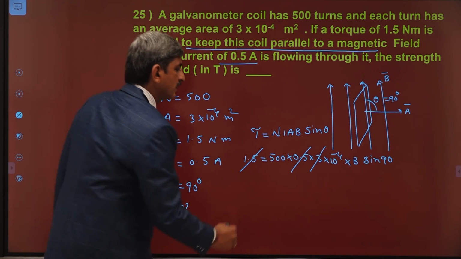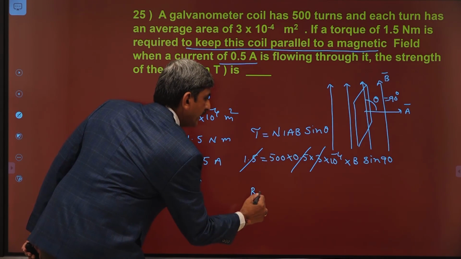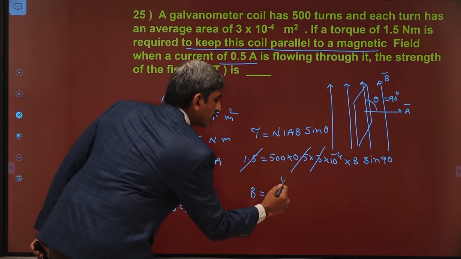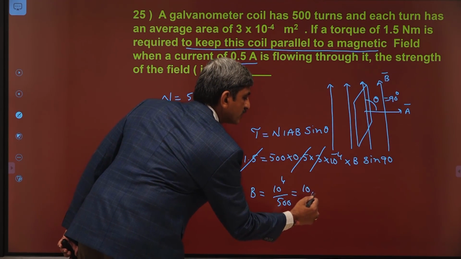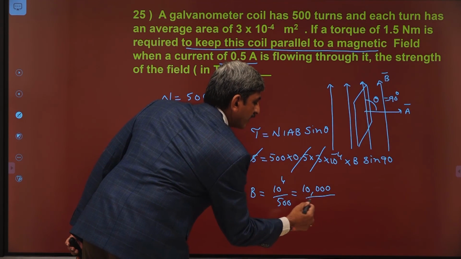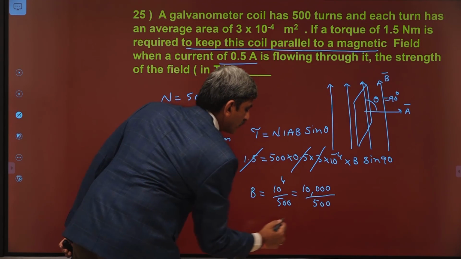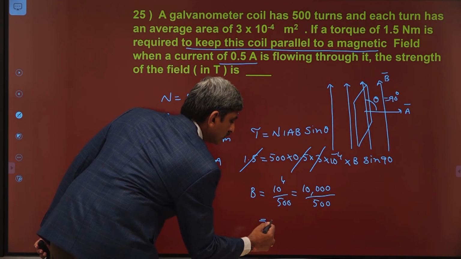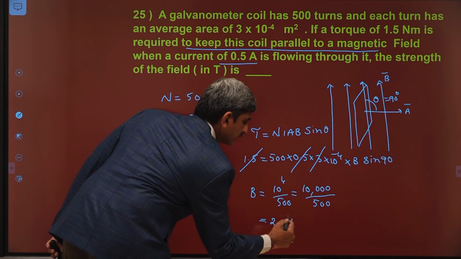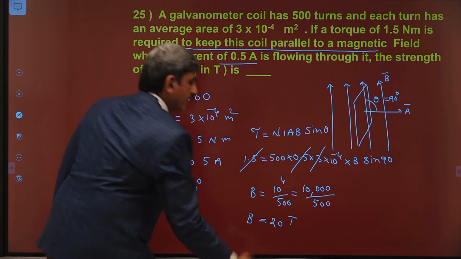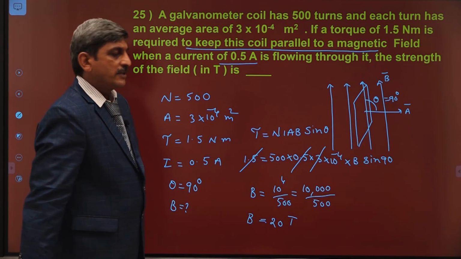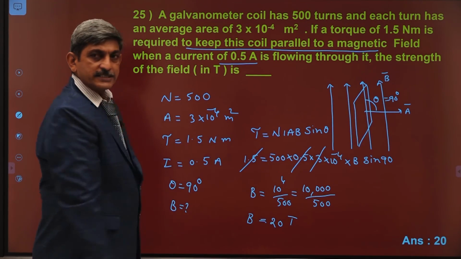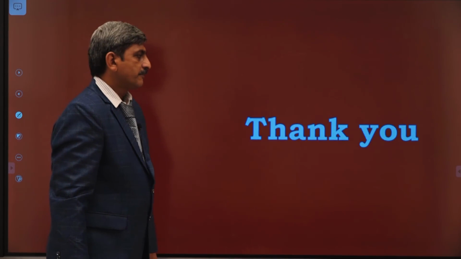It gets cancelled, and we have B is equal to 10 to the power of 4 divided by 500, that is equal to 10,000 divided by 500. So that we have B is equal to 20 Tesla. Right? So the strength of the magnetic field in this case is given by 20 Tesla. Right? Thank you.